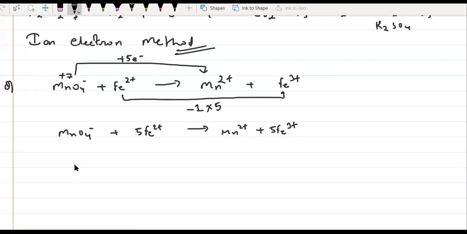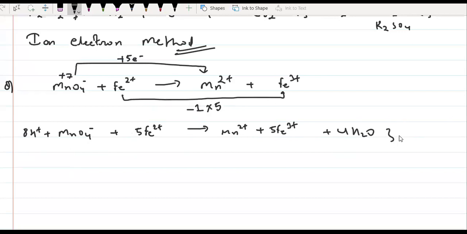Now, you will say, sir, isn't it the same thing? It's just that you are doing it in one reaction instead of two different reactions. So I'll say, yes, it is the same. That's why I told you both are almost the same. Now, next is oxygen, same as what we did in the ion electron method. 4 oxygen, so 4 H2O, 8 hydrogen, 8 H plus. That's it. Done.